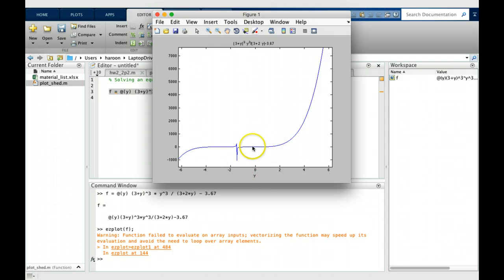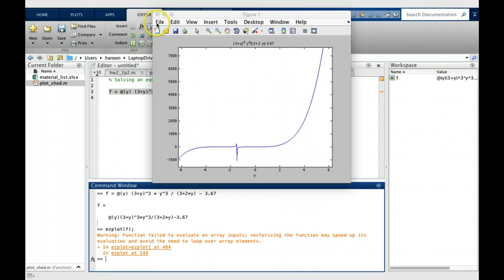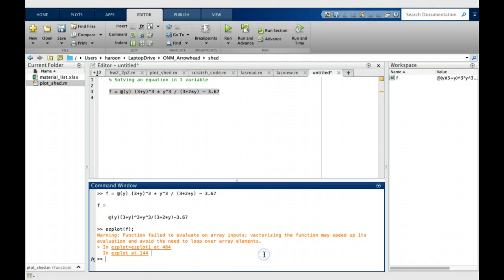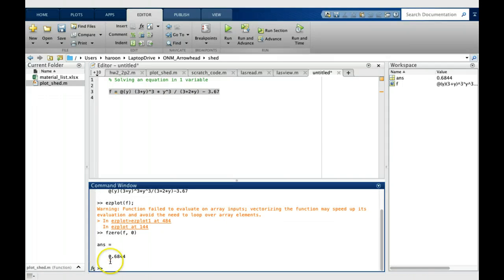So we are interested in this point where it crosses the 0 axis. It can be done using the plot, but we can use the function called fzero and give it the function, but then we also have to initialize the value. So let's say we guess an initial value of 0, and we run fzero, and this gives us 0.68.